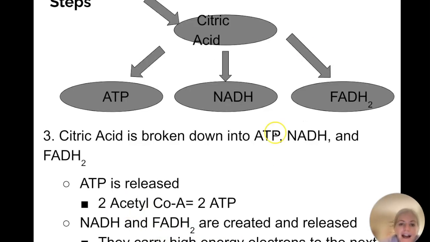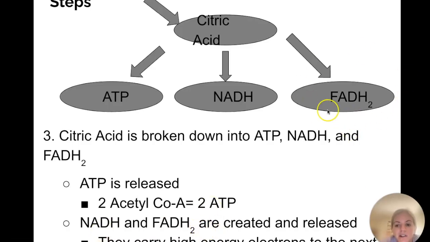After this point, that citric acid is going to get broken down further into ATP, NADH, and FADH2. For each acetyl-CoA, 1 ATP is released. So for both of them, you release 2 ATP, and you also release NADH and FADH2.